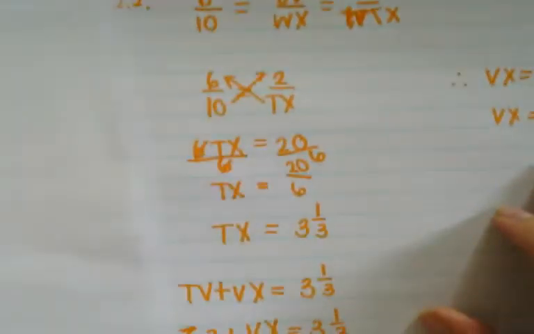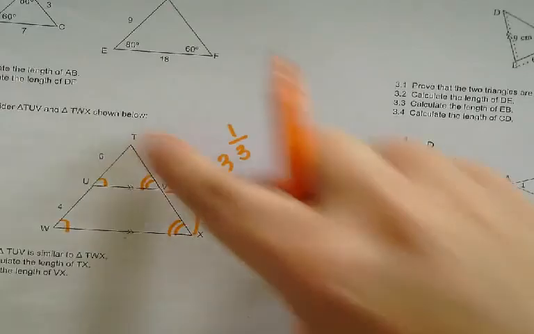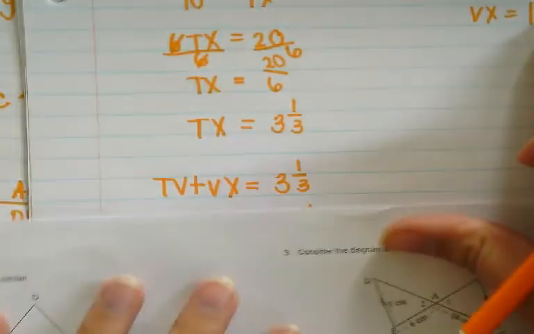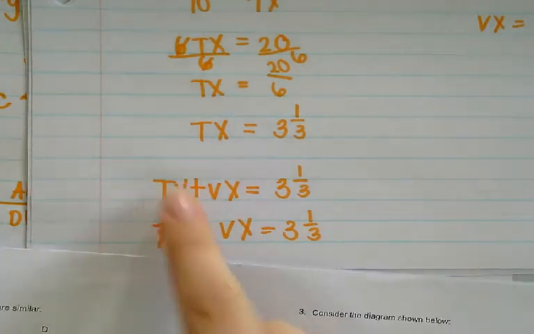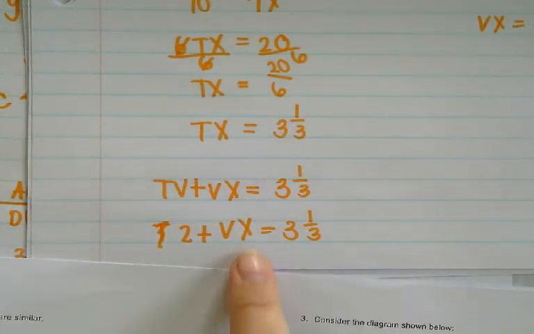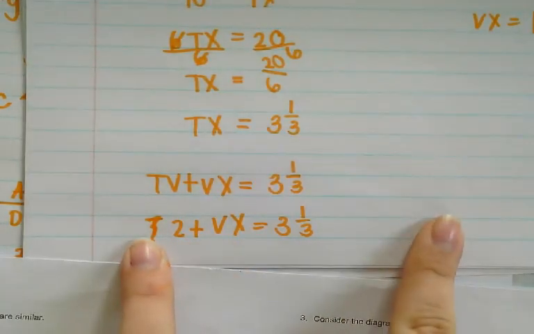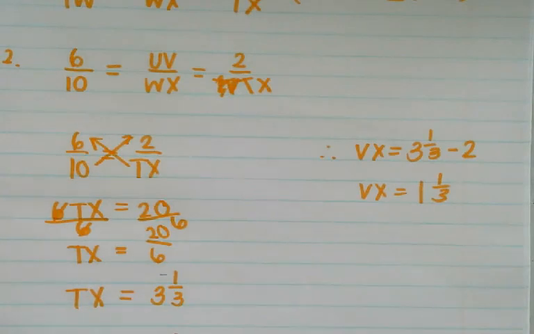Or we could write it this way, using our equations. TV plus VX gives me 3 1/3. We know that TV is 2. We still need to solve for VX. We have plus on this side. When we take it over, it becomes minus. So 3 1/3 minus 2 gives me my 1 1/3 that I needed.